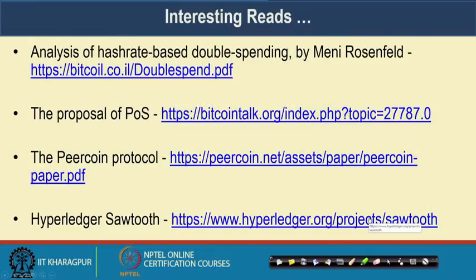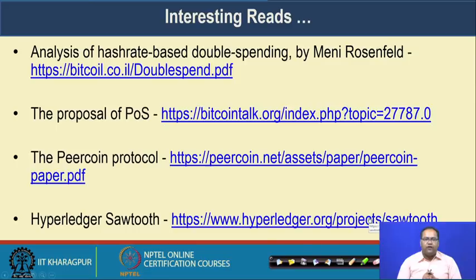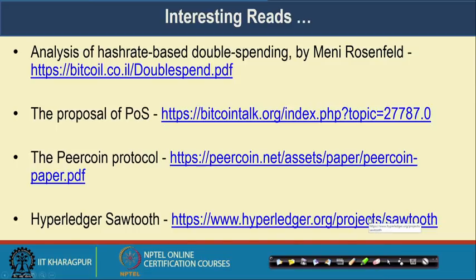So, here are some interesting reads regarding these different kinds of blockchain consensus algorithms. The first one gives an analysis of the double spending mechanism on Bitcoin. It is a nice statistical analysis of double spending.